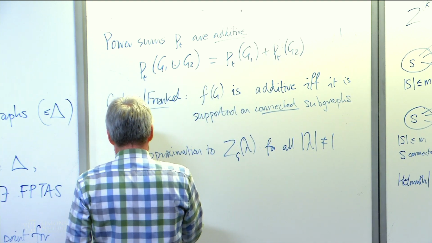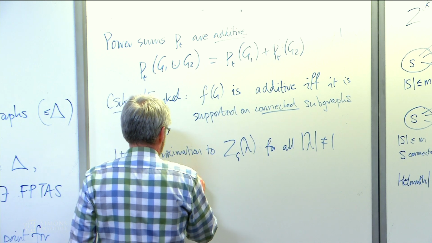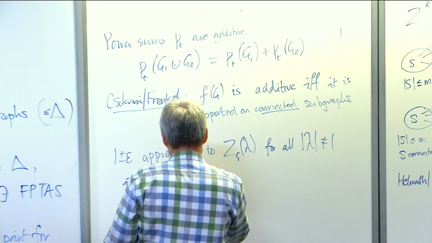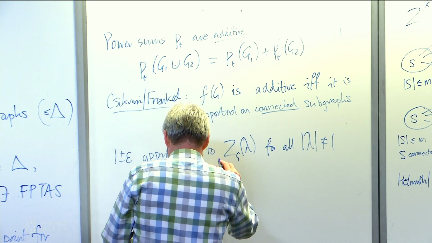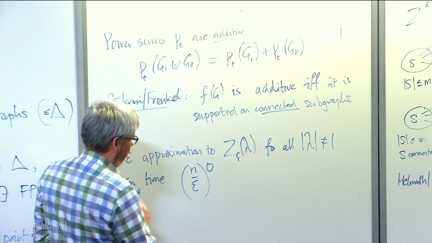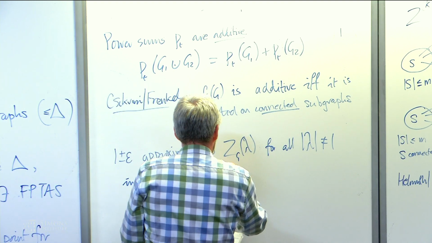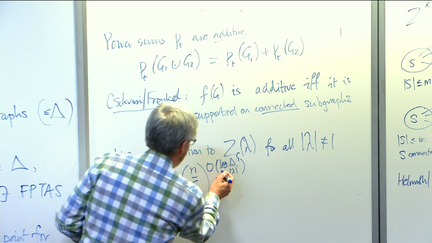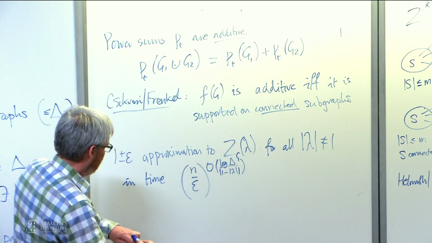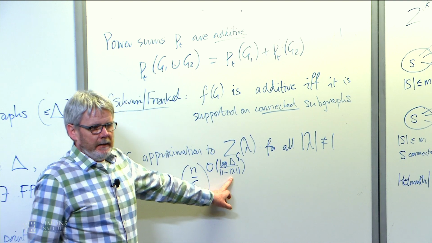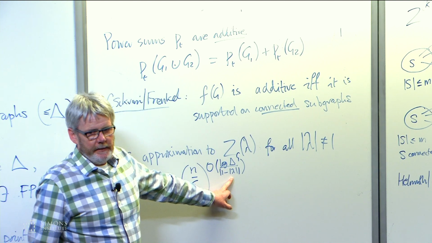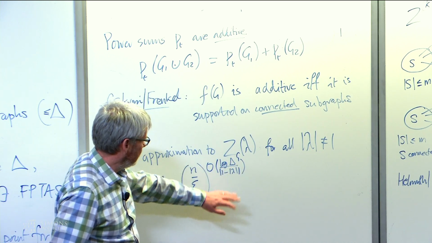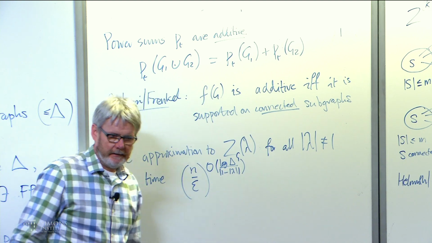You get this in time that's polynomial in n over epsilon, and the dependence on the degree and on lambda is this: you have the degree and the distance to the roots in your exponent. So of course this is going to explode when you approach the circle, and it explodes less badly when the degree of the graph goes up.